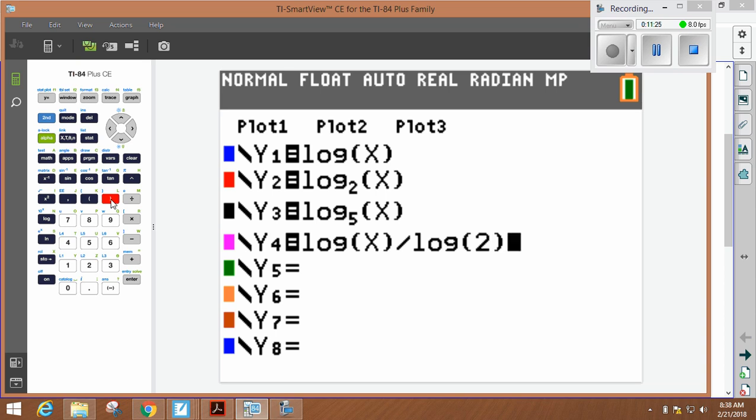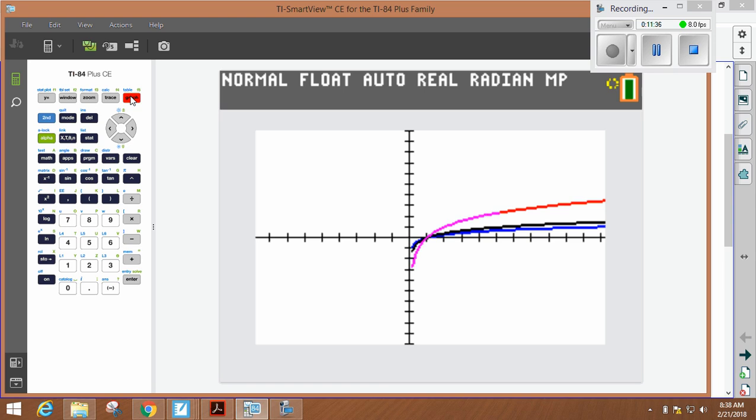This that I just entered is the same thing as log base 2 of x. I just did the change of base. So when I hit graph, I should still only have 3 graphs there. Oh, there it is. It's the same, right? Wow. So again, if you don't have the log base function, just change the base, and you can graph these on your calculator.